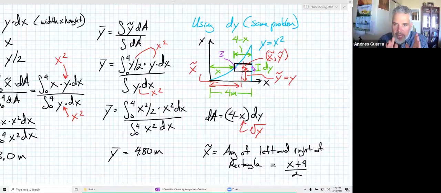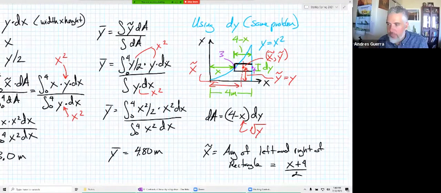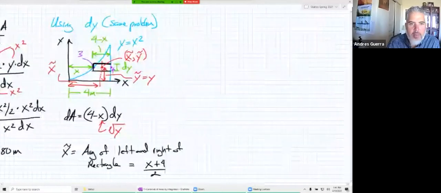Because you take half of that plus you add what's to get to the left side of that rectangle. But we can always use the average, right? And isn't the equation for an average, if we plugged in our 3, 3 plus 4 divided by 2 is 3.5, isn't it? So we can always use the average there. So x tilde is the average of those two.